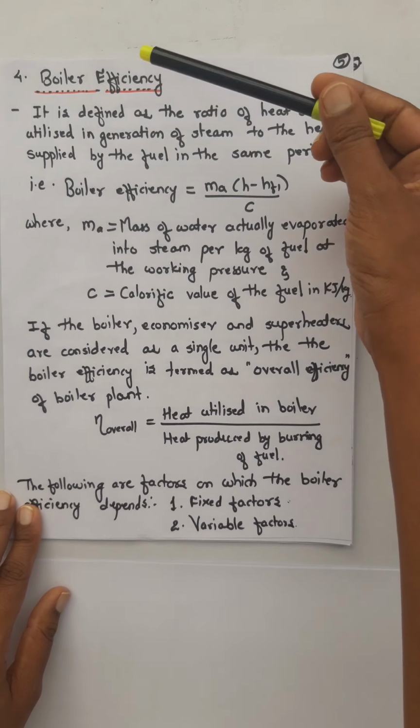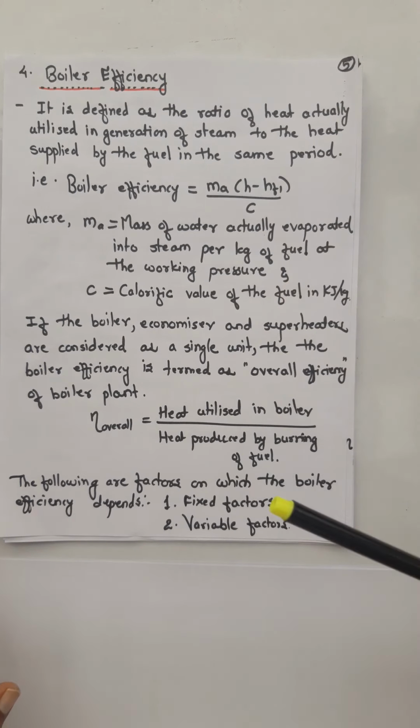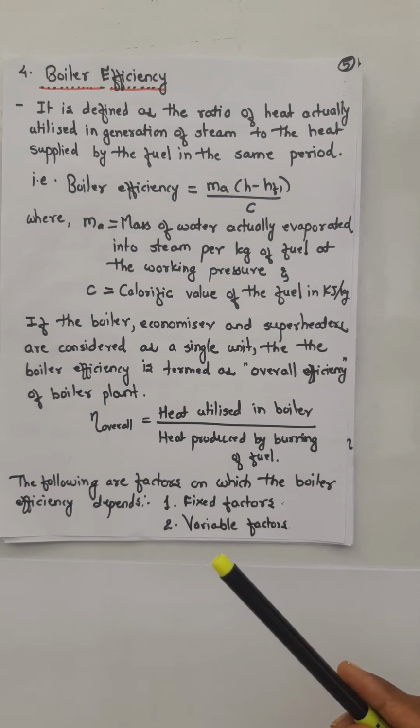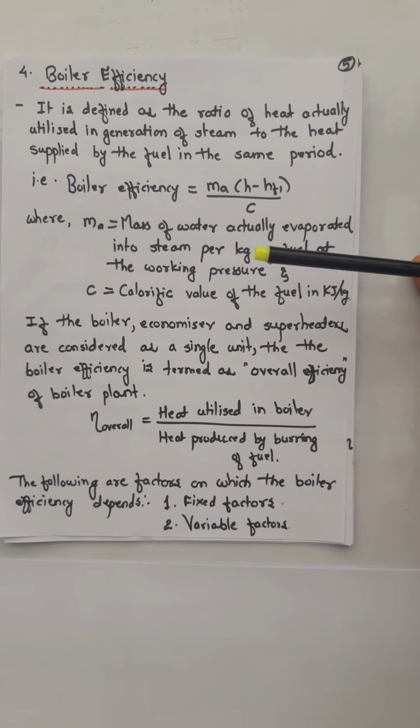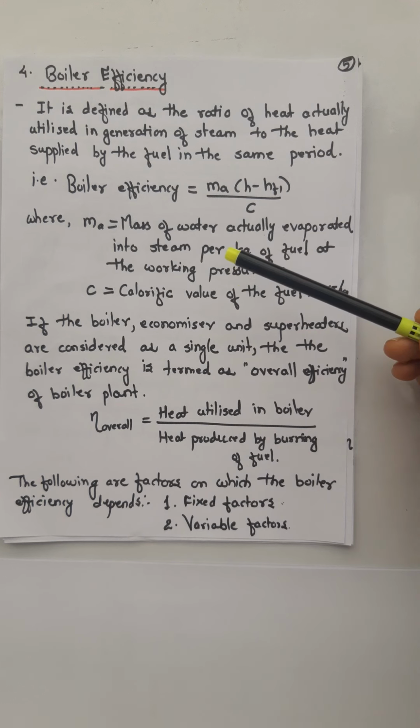Now friends, let us talk about another important parameter for finding the performance of the boiler, which is nothing but boiler efficiency. Boiler efficiency is the ratio of heat actually utilized in generation of steam to the heat supplied by the fuel in the same period.